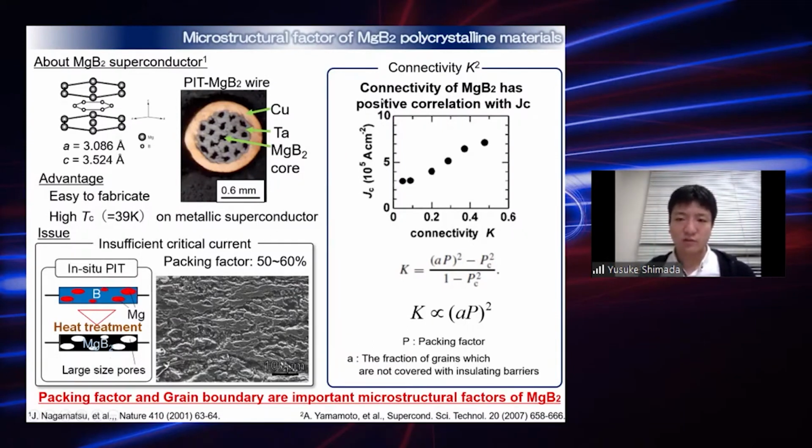So for consideration of the JC of MgB2, we think the connectivity is the key parameter because the connectivity of MgB2 has a positive correlation with the JC. And the connectivity is calculated from the packing factor and the grain boundary structures. So in other words, the packing factor and grain boundary are important microstructure factors of MgB2.